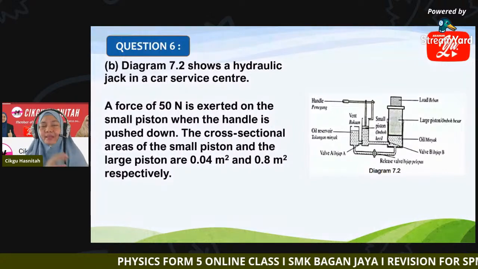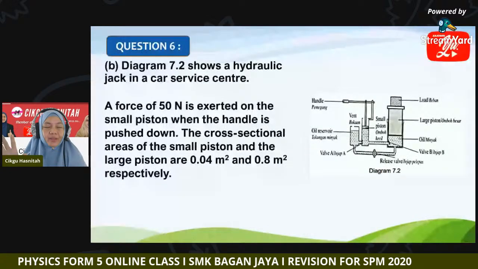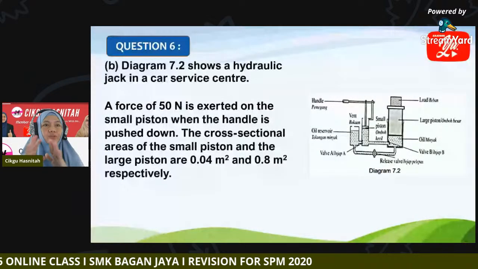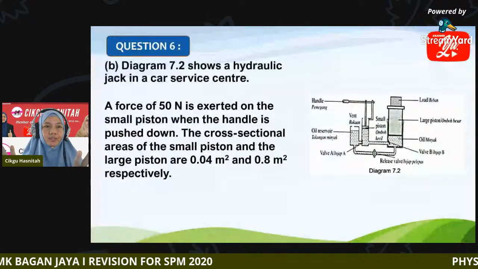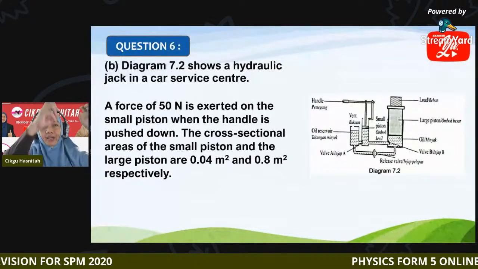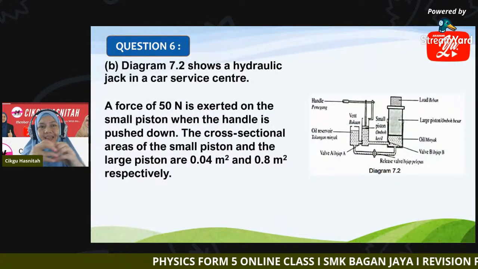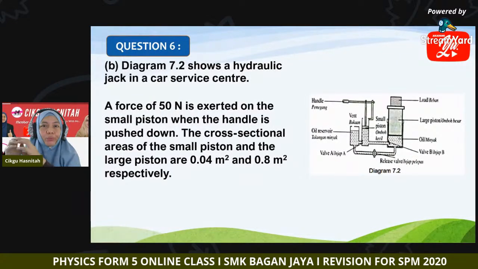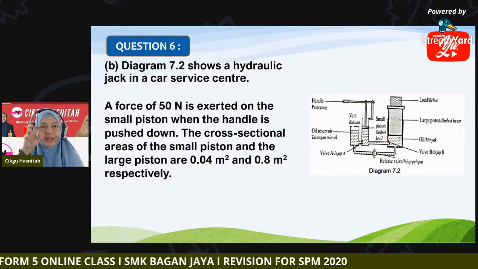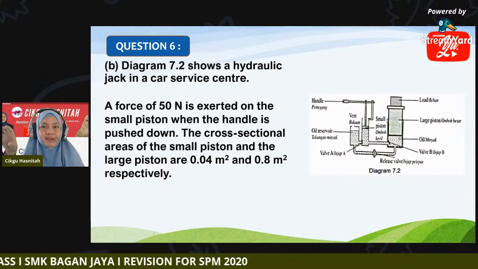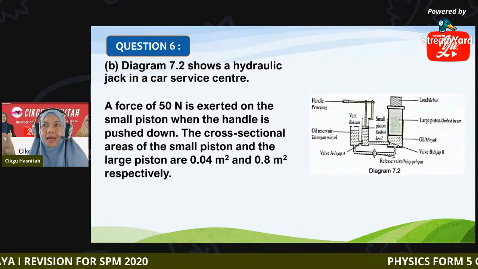What is the definition? In an enclosed system, the pressure exerted will be transmitted equally throughout the liquid. So every point will receive the same amount of pressure.